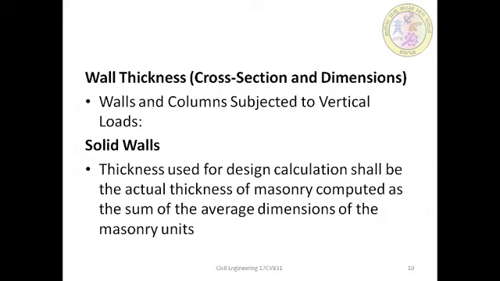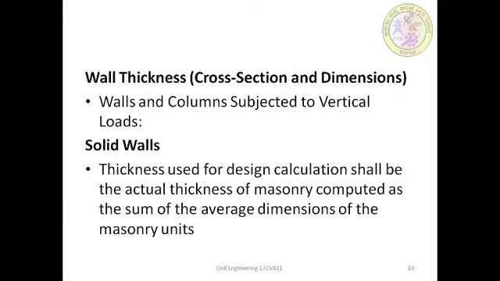The design involves determining the thickness in case of walls and the section in case of columns in relation to the strength of masonry unit and grade of mortar to be used, taking into consideration various factors such as slenderness ratio, eccentricity, area of section, workmanship and quality of supervision.